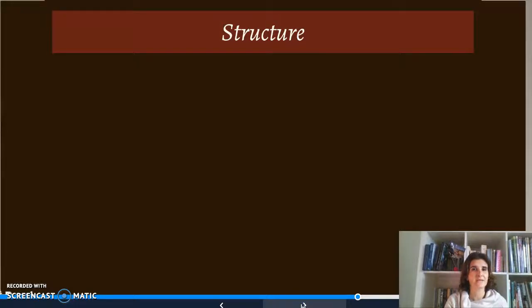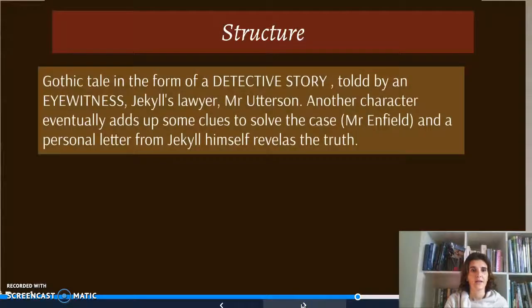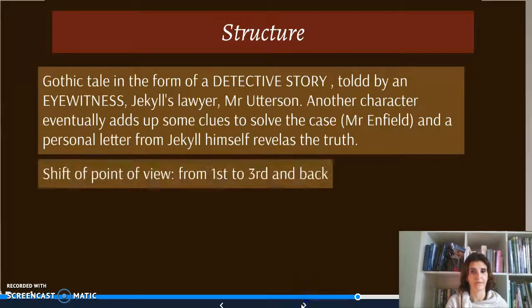What is the structure of this novel? It's a Gothic tale, we said, and it's written in the form of a detective story. And it's told by an eyewitness, who is Jekyll's lawyer, Mr. Utterson. Another character eventually adds up some clues to solve the case, and this is Mr. Enfield. And in the end, a personal letter written by Jekyll himself reveals the truth.